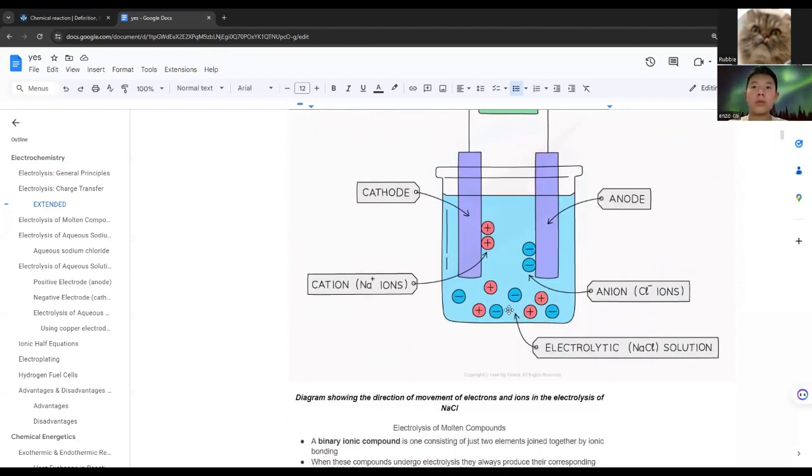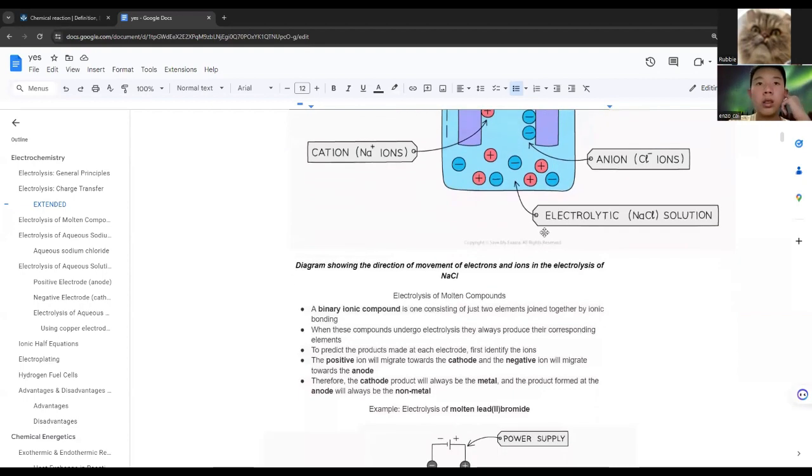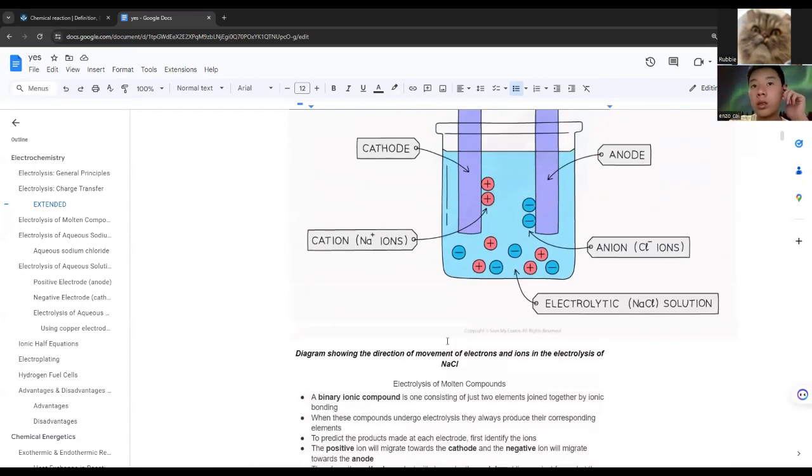The electrolyte is the molten or aqueous state of the ionic compound, where ionic free flowing electrons are found, and they just get attracted to here. Sodium gets attracted to the cathode, and chlorine gets attracted to the anode. Just remember C and C, cation with cathode, anode with anion. And then the direction of movement of electrons.